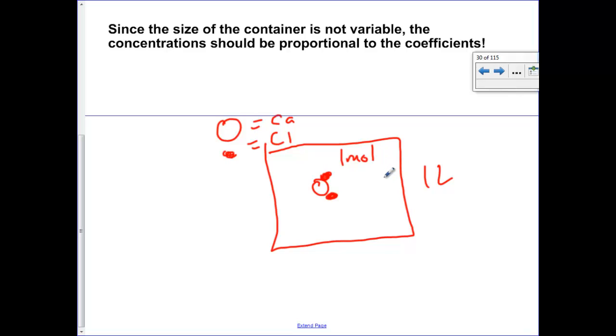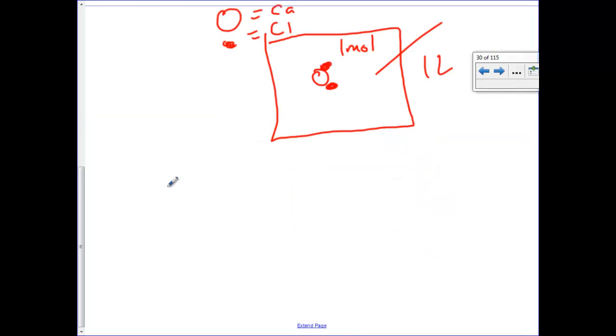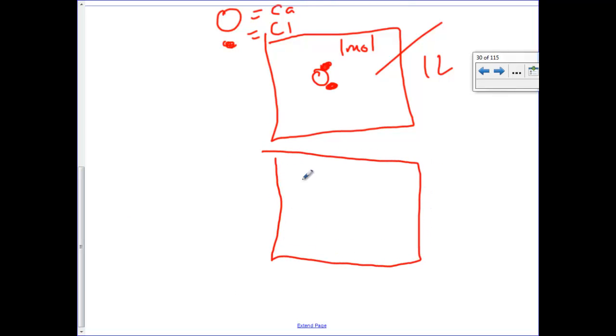Currently, there is 1 mole in 1 liter. Does that make sense? Let's say I break it apart. So same container, I'm not changing my container, but I break it apart. So now the white guy is sitting there, and then the black guys are sitting over there.